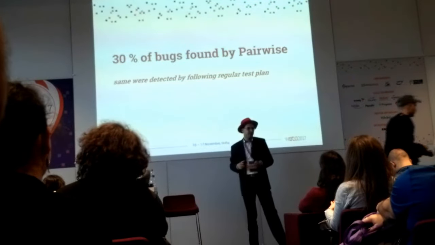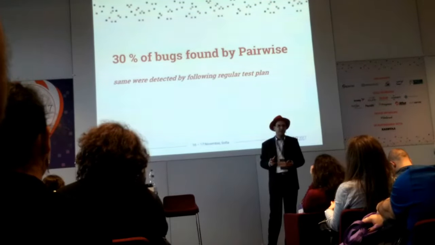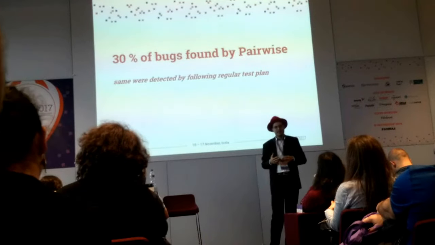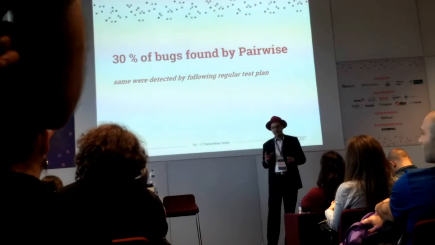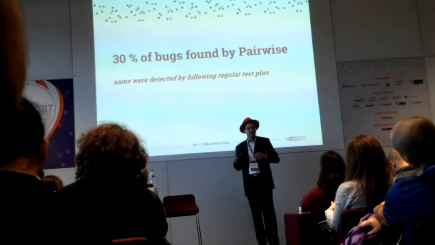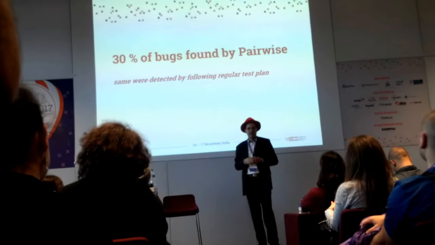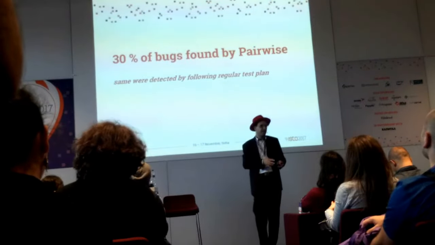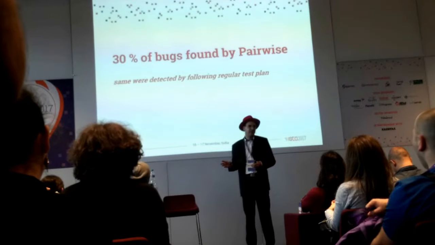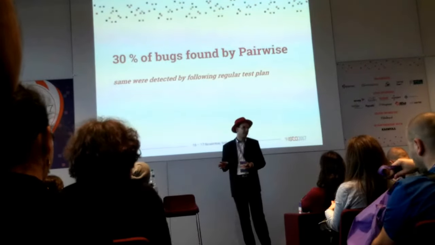Then we have another 30% of the bugs which were found by the Pairwise test plan, by my experiment. What that means is these bugs were found by test cases which are available both in my experiment and in the standard test plan that the rest of the team has been doing.